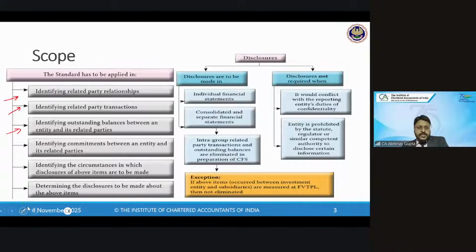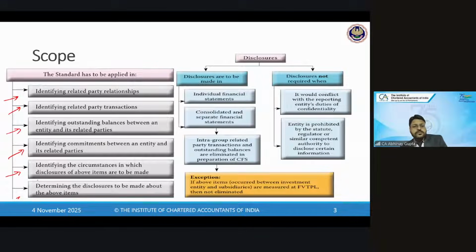And basis on management representations, if there are any other commitments which they have entered into with those related parties or any of the related parties, then we will take the submission from the management, right? In the form of, say, a management representation letter or whatever, right? And they will give us all the necessary details, right? Identifying the circumstances in which the disclosures of the above items are to be made, right?